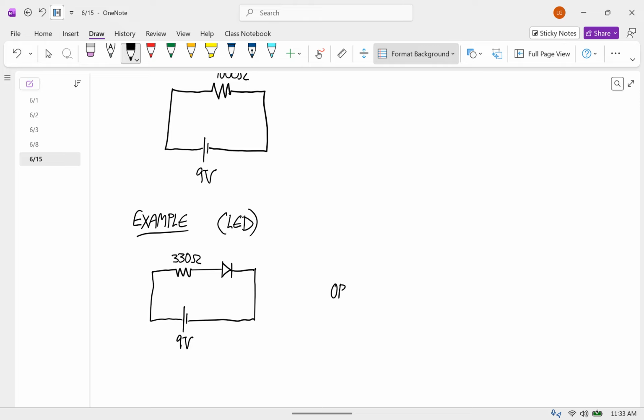And by the way, this works exactly equivalently to this. Right now we have the positive current flowing from the battery through the resistor, through the LED. We could also have it go from the battery through the LED and then through the resistor, and the behavior of the circuit is exactly the same.